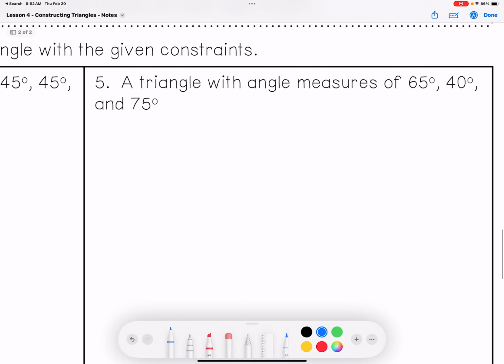All right, a triangle with an angle measure of 75 degrees. All right, so let's go 75. There it is. Oops.